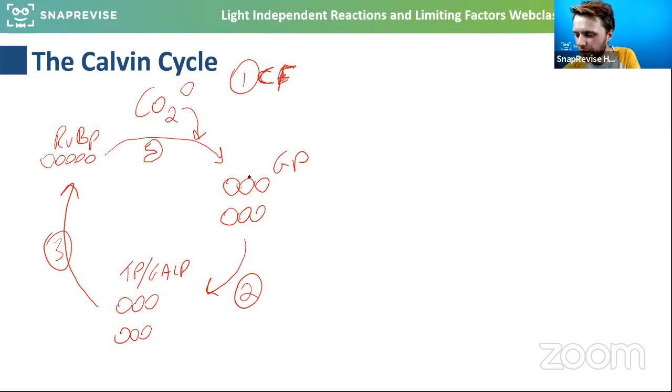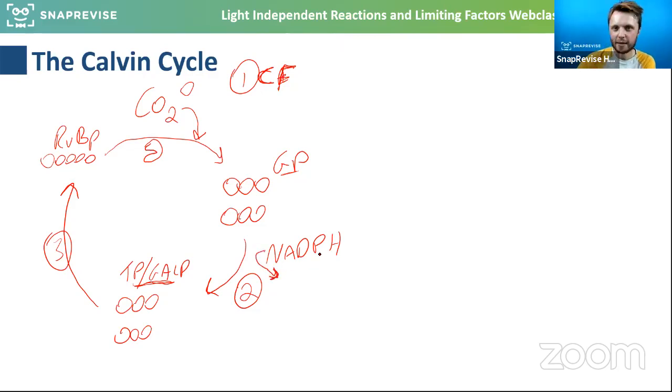Cool. Right. So next stage then, to turn GP into TP/GALP, there's not a whole lot of difference between these two molecules. They're very, very similar. The only difference is that this one has had 2 more molecules added to each one, right?